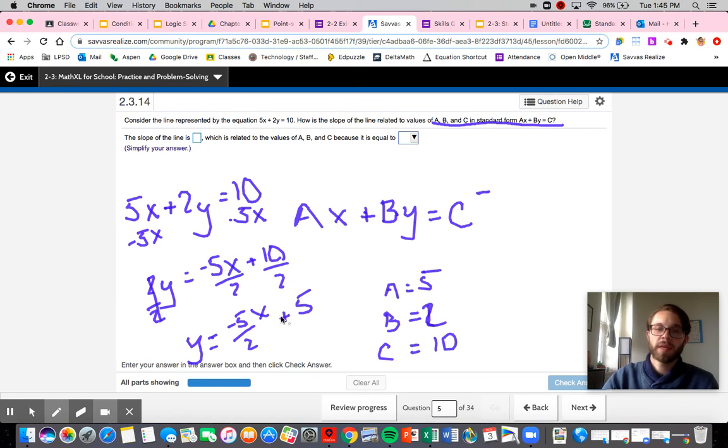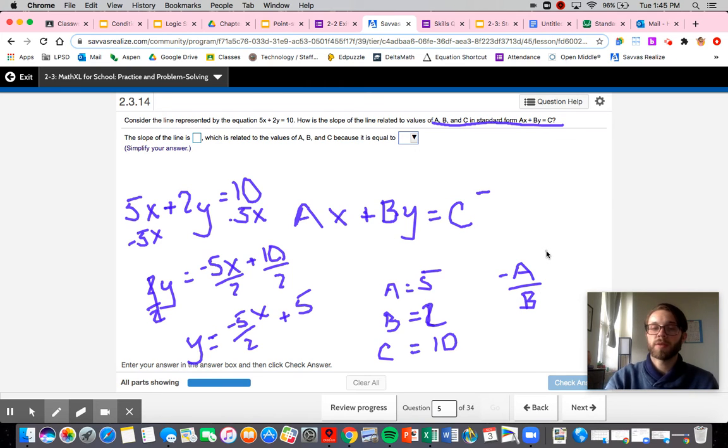Now, when we're looking at our slope here, we have negative 5 over 2. So that's the same thing as negative A over B. So the slope of our line in standard form could easily be expressed as negative A over B. All right?